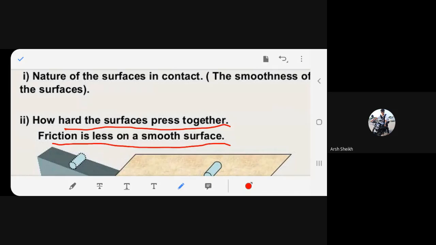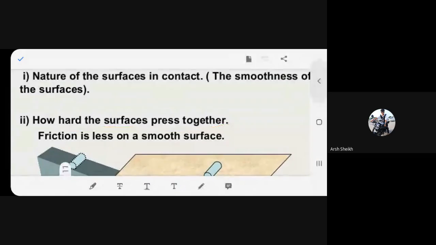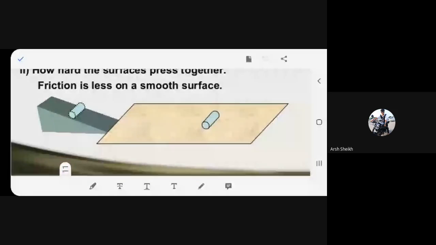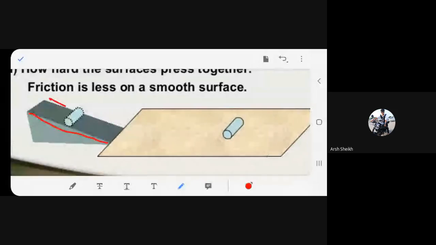It takes more time to stop, isn't it? And look over here. This is an inclined plane. The ball is rolling and it comes to a stop here. If I make a still more inclined plane, the ball will come to rest over here. So the more inclined the plane you make, the further the ball will roll. The angle of the inclination is very important.